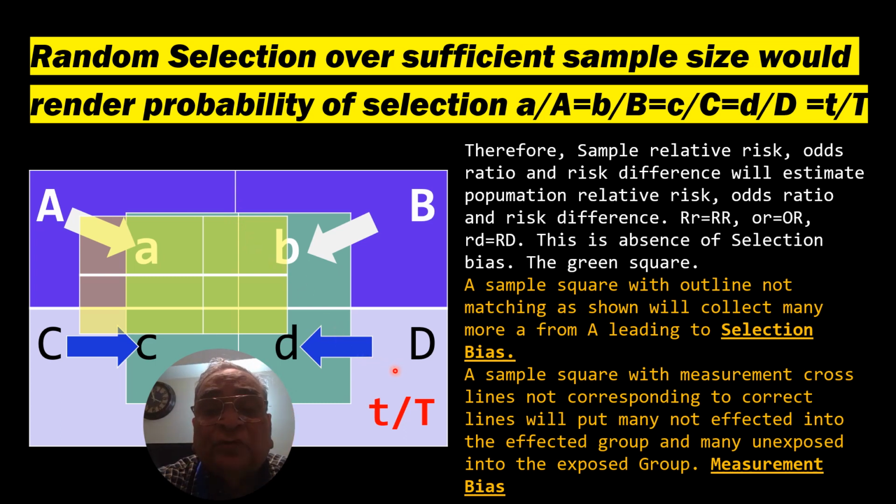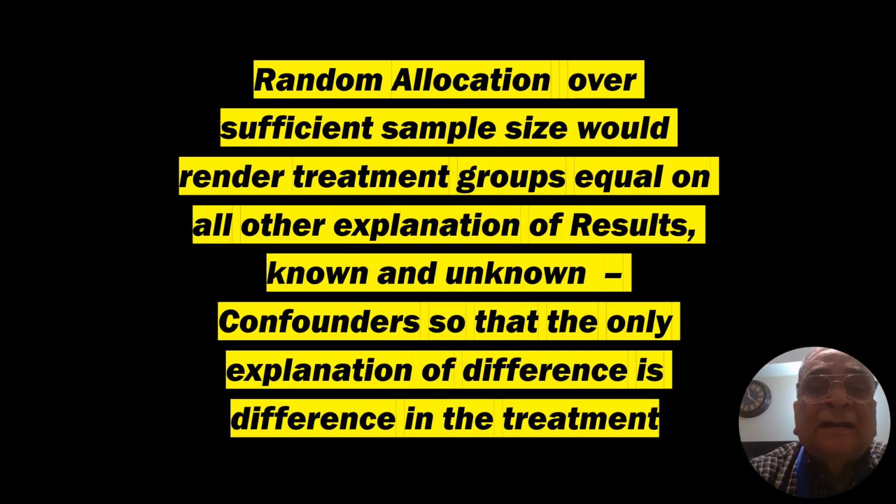The issue is that any protocol or study should avoid these, and you as a reviewer of the protocol or the paper must be able to suggest whether there is any random selection error, that means selection bias, outline bias, or measurement bias. This is what you should look for in the methodology. Now, random selection is different from random allocation.